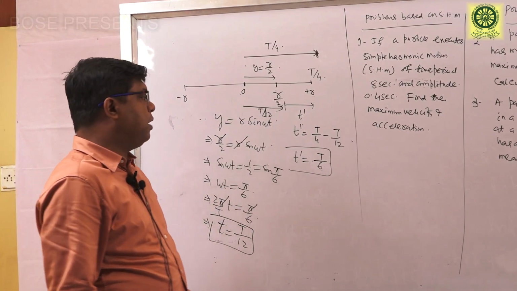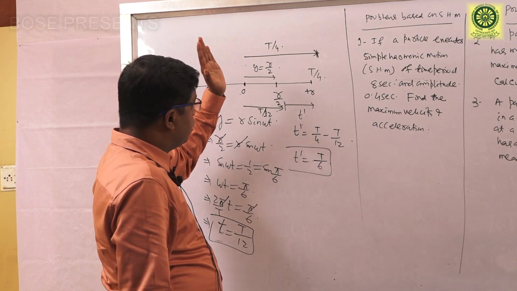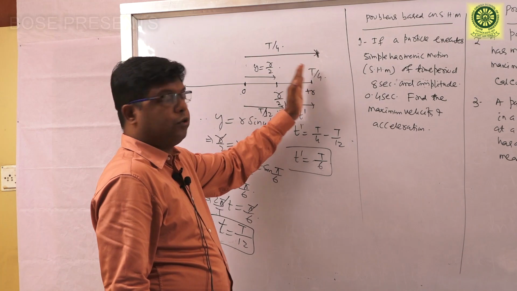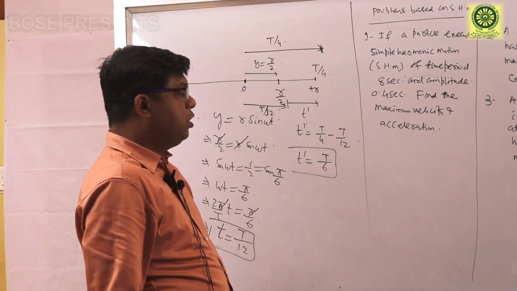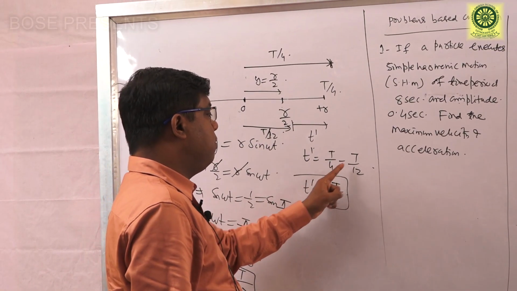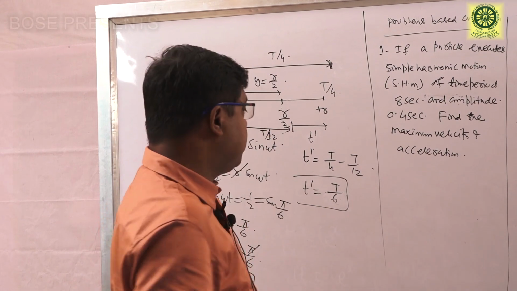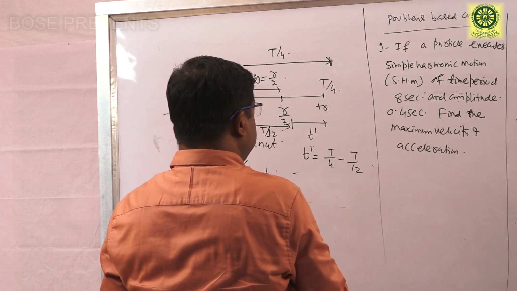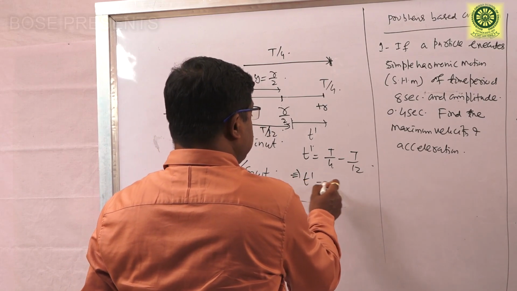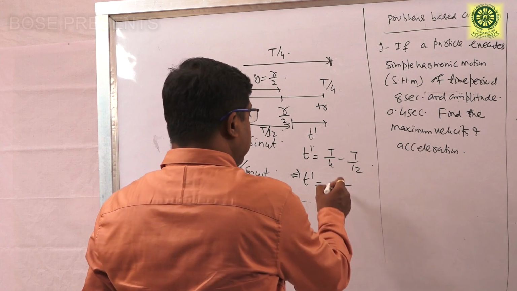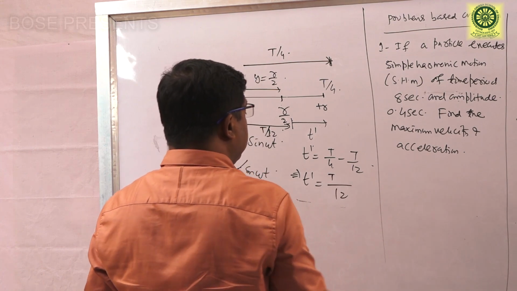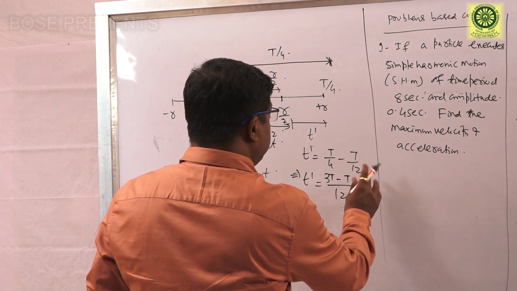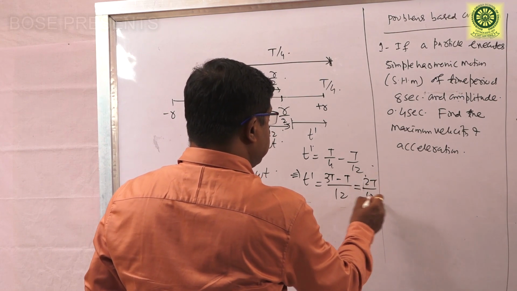So the time from half of the amplitude to the extreme position is T by 4 minus T by 12, that is 3T minus T by 12, that is 2T by 12, that is T by 6.